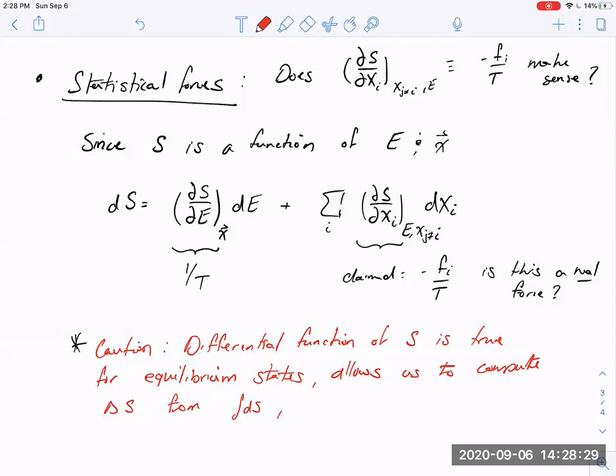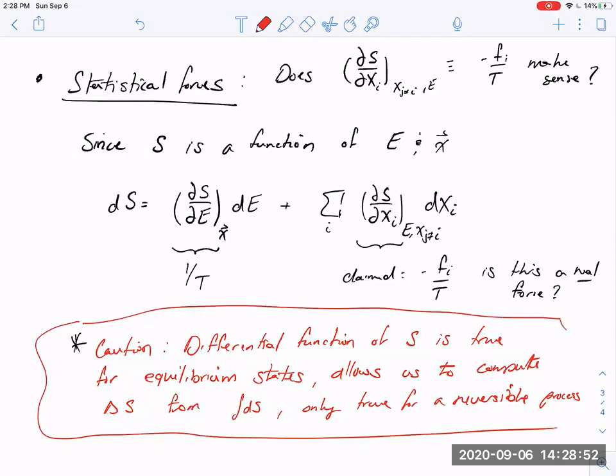But this is only true for a reversible process where we go through equilibrium states. So as long as we're restricting ourselves to equilibrium states, we can compute changes in the entropy from these sorts of thermodynamic-like relationships.